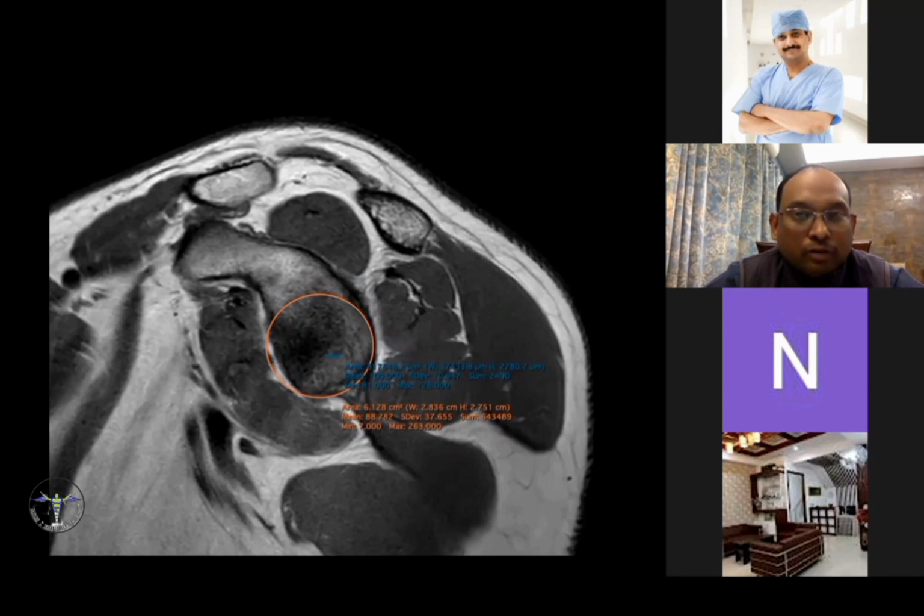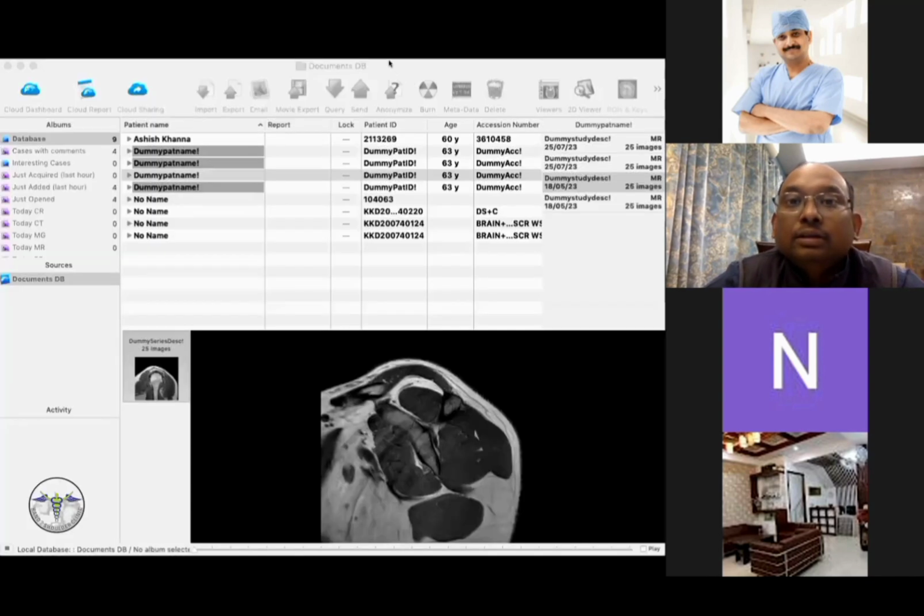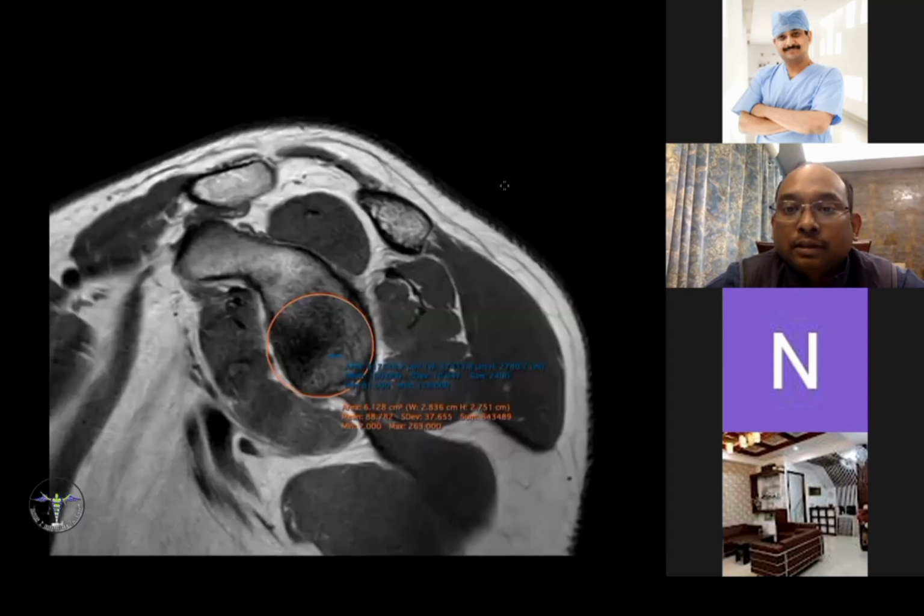For that, we have to draw a length, and let's draw a line. So this is the actual diameter it should have been, but there is a bone loss of like 2.3 mm, and the actual diameter is 2.7 mm.